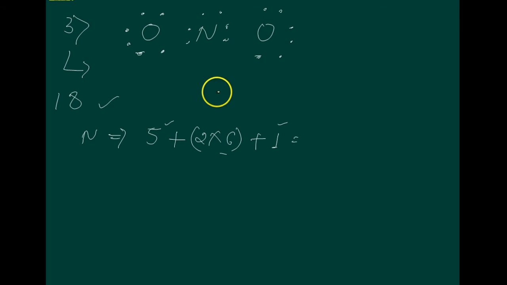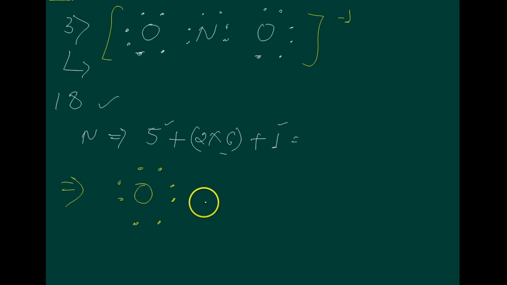After that, as I said, you have to complete the octet on oxygen first. Oxygen first means any one you consider here. This is the oxygen, 1, 2, 3, 4, 5 and 6. Again we should complete the octet on this, which means this is 8.